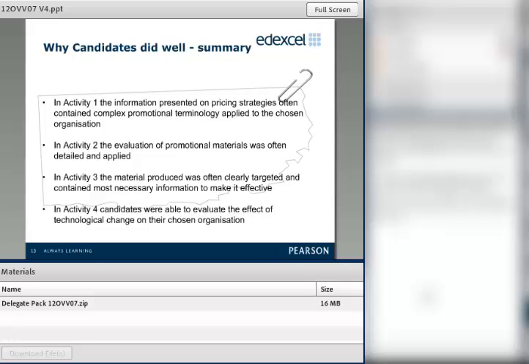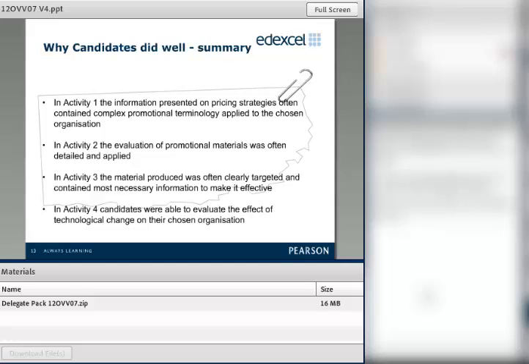Okay, so what did the candidates do specifically well? Pricing strategies, they were absolute whizzes on this, because we were concerned that using the marketing terminology they would struggle with that. They haven't. They've been able to apply it. They're using real, quite tough marketing terminology, and it's been absolutely fantastic.